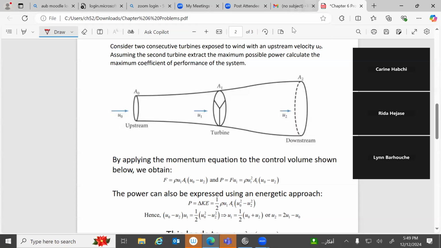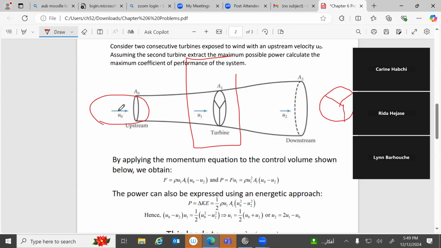Why? Because consider you have two consecutive turbines. You have the first turbine here, and you have another turbine here. If I tell you that the upstream velocity of wind is u0, this is the upstream velocity of turbine number 1. But since turbine 2 is placed directly after turbine 1, what will be the upstream velocity for turbine 2? u2.